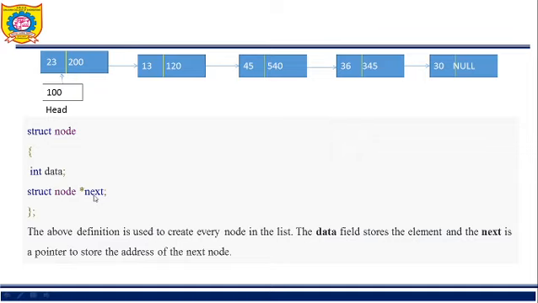This is applicable for every node in the list. So instead of writing it repeatedly, we do it in common, and we can directly use this structure when we want to create a node. Okay, the remaining things we will see in the next lecture.